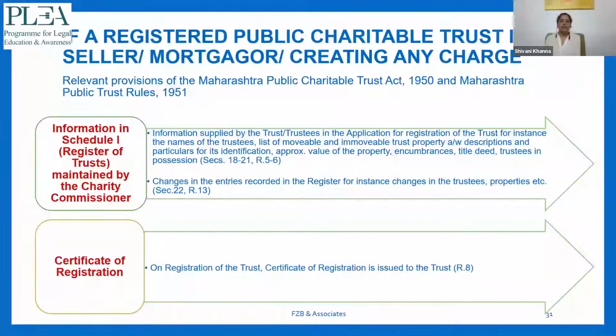The Charity Commissioner will give you the names of the trustees. You have to verify that all trustees are signing your document. So Schedule 1 will give you that information. Schedule 1 will also give you information about the movable and immovable properties along with the descriptions. If there are any encumbrances, everything gets recorded in Schedule 1.